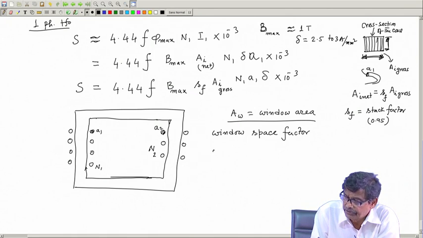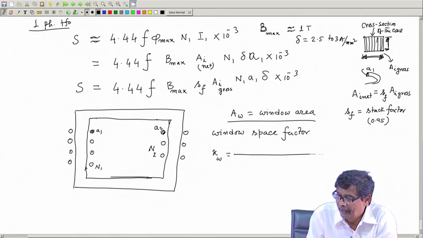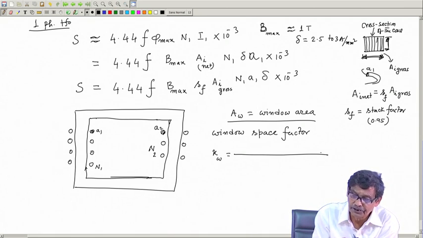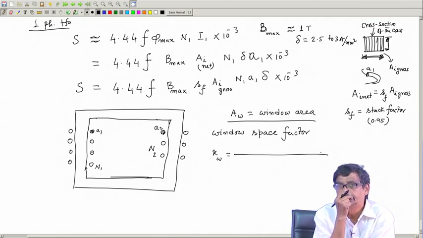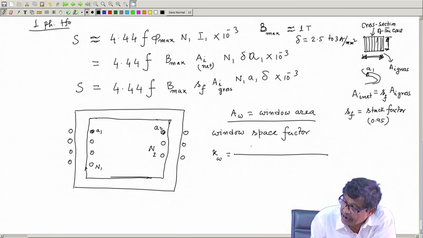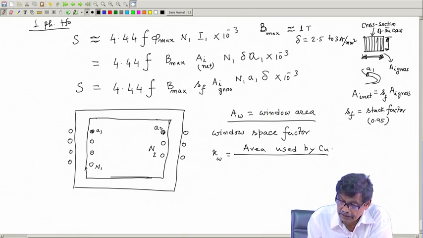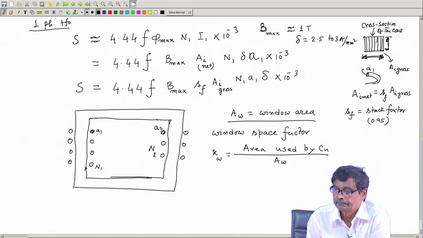It is usually denoted by KW. This tells you how much of this window area is utilized by copper. So, it is the area used by copper divided by the total window area. That is all.